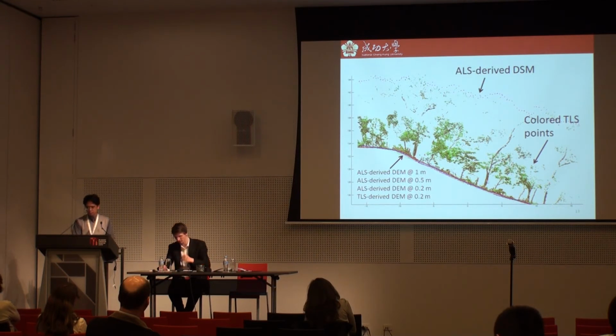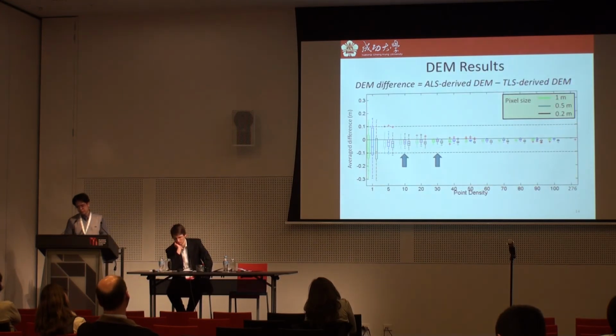So what we are showing here is that a good resemblance can be found on the ground. That's actually quite good. So we are satisfied that even with this high canopy, this high LAI index, we can still get ground points from the LiDAR data. Okay, so now here we show the DEM result.